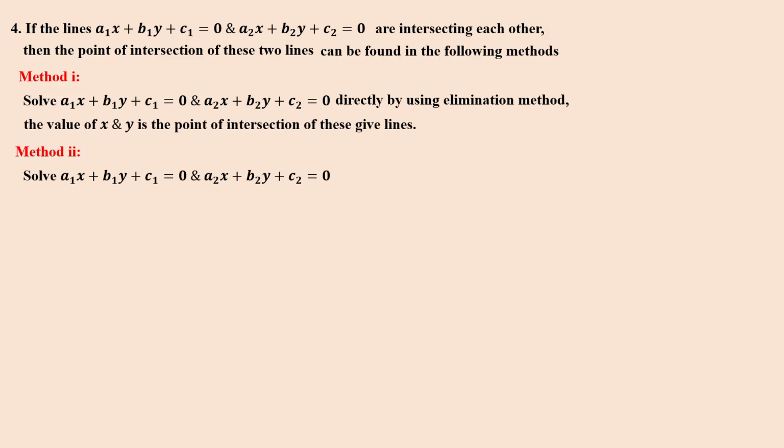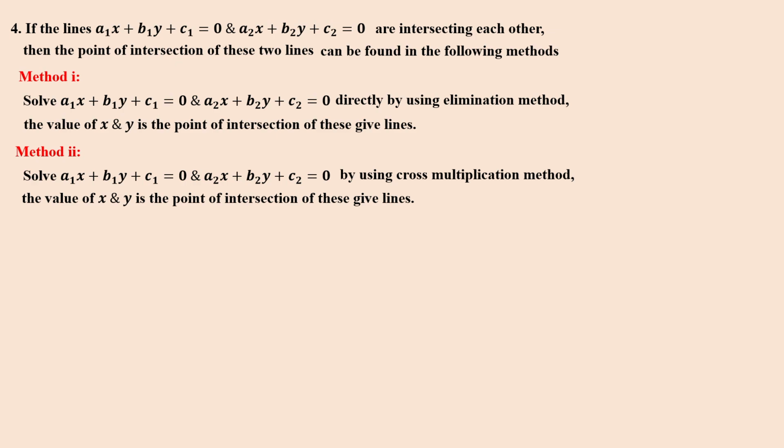Method 2: we know the cross multiplication method, one of the easiest methods. Using cross multiplication we can find the values of x and y, which is nothing but the intersection of the given two lines.